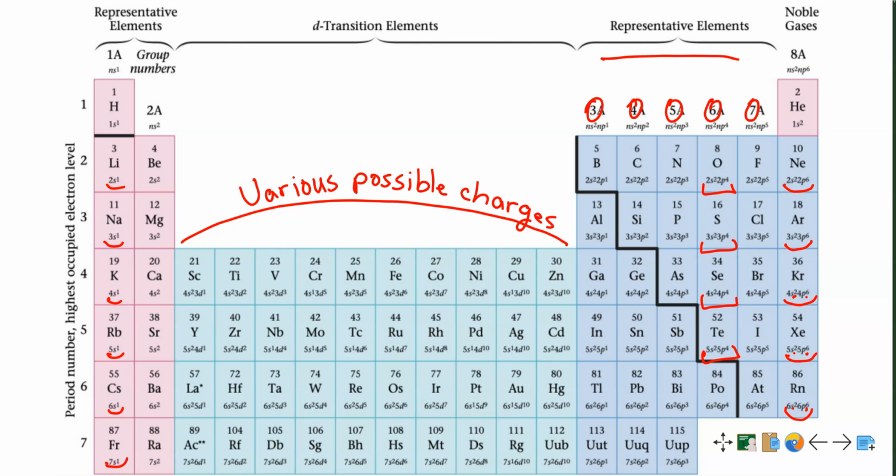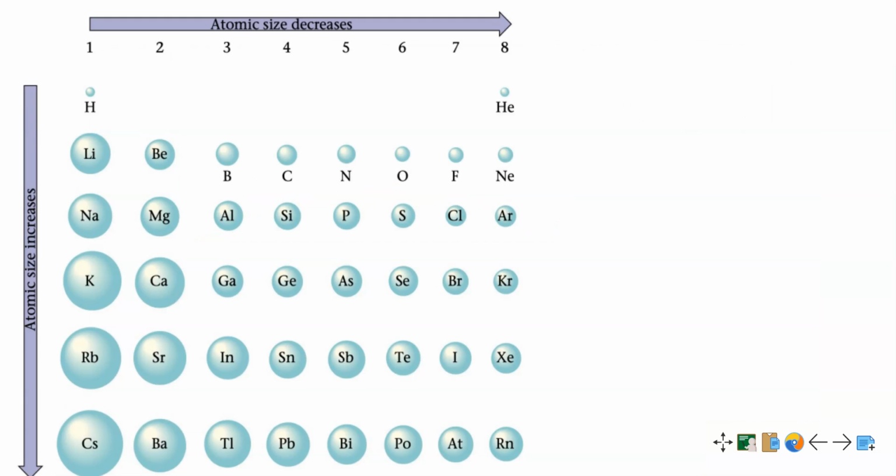It is good to know that if you can figure out what column of the periodic table an element is in, you can figure out how many valence electrons it has, which means we can figure out how it will behave chemically with other elements. Now, this brings us to the idea of atomic size. Okay? Atomic size is usually determined as atomic radius.